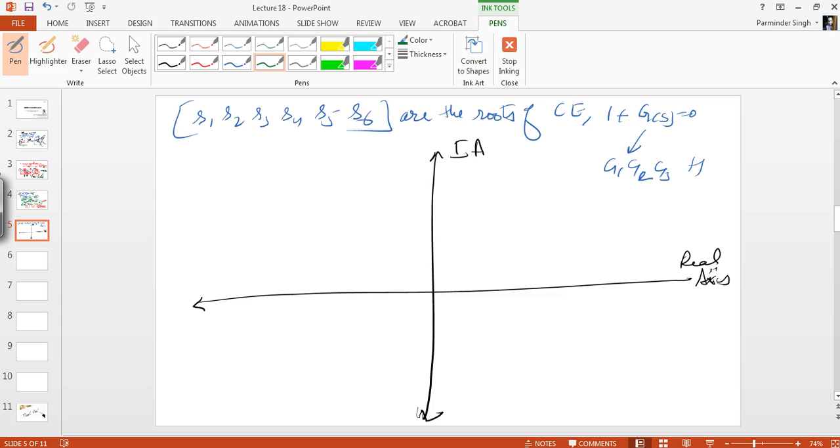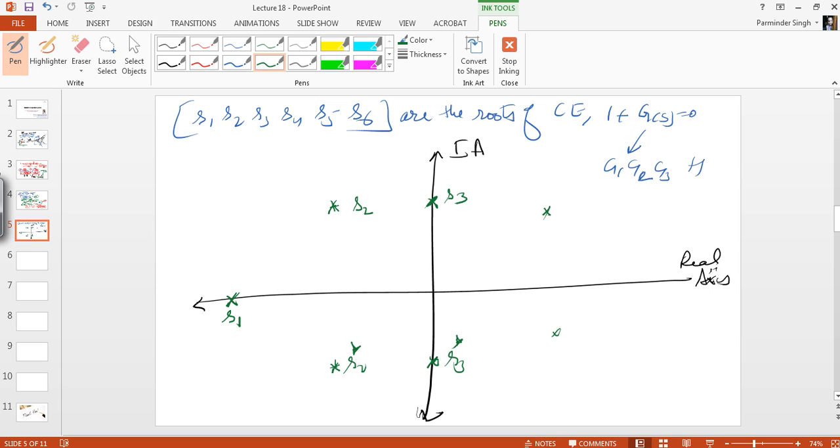Now suppose one root is somewhere here, S1. The other root is somewhere here, that is S2. Let's say the third root is somewhere here, that is S3. If this is S2, let's say this is S2 star. If this is S3, let's say this is S3 star.